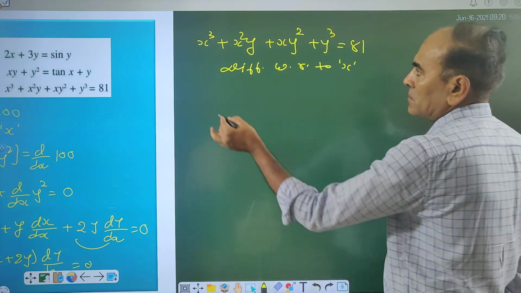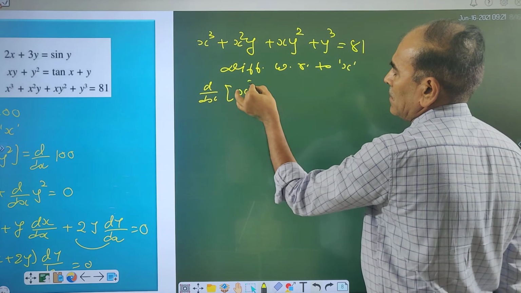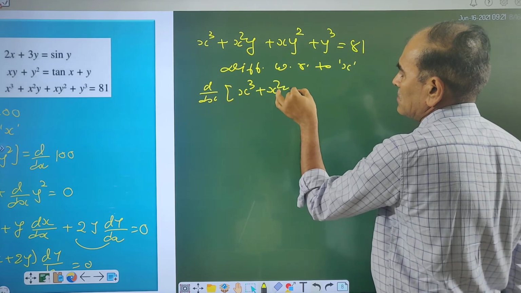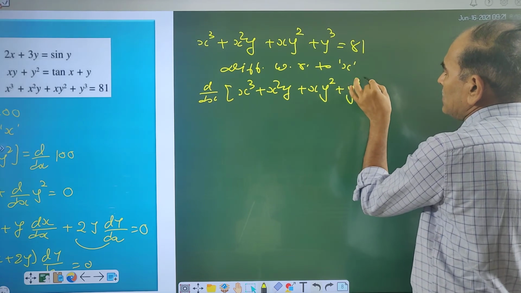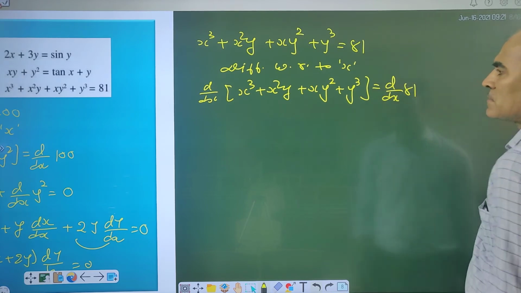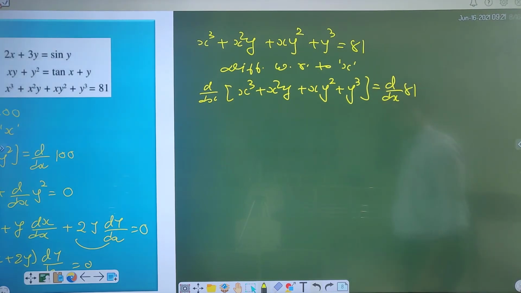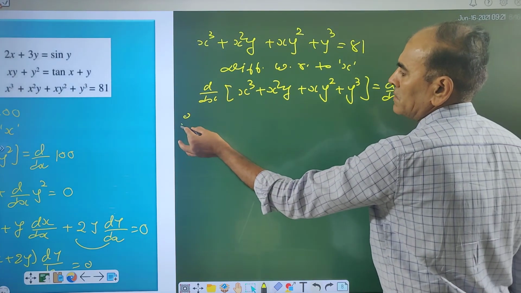See, so first of all take d by dx on both sides: d by dx of (x cube plus x square y plus xy square plus y cube) is equal to d by dx of 81. Here also addition is given, so differentiate every term.